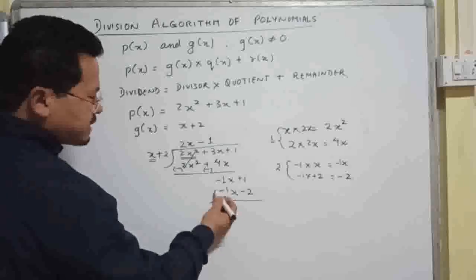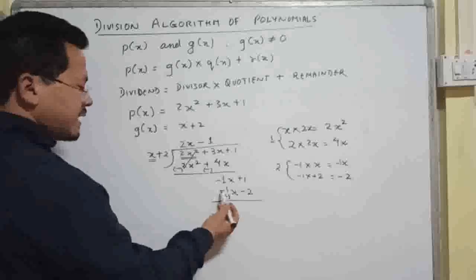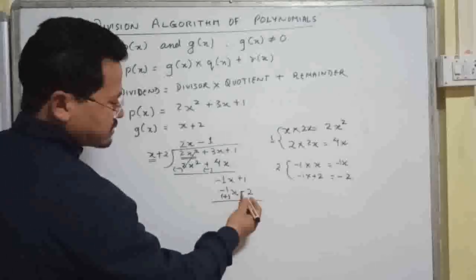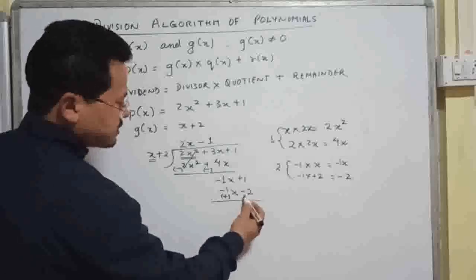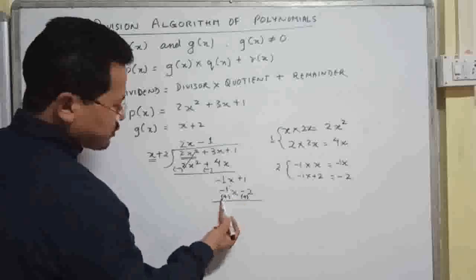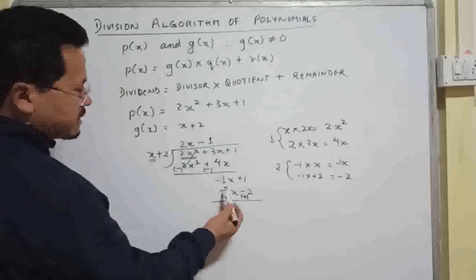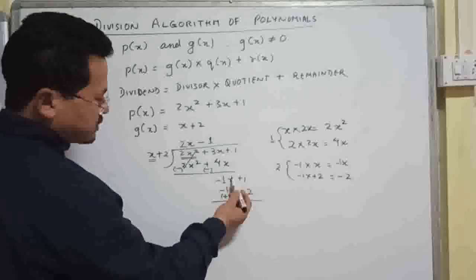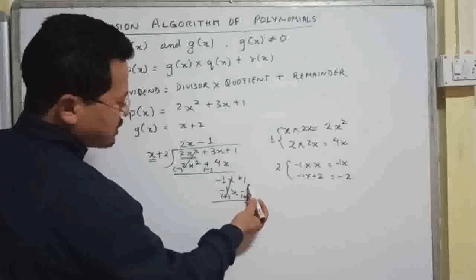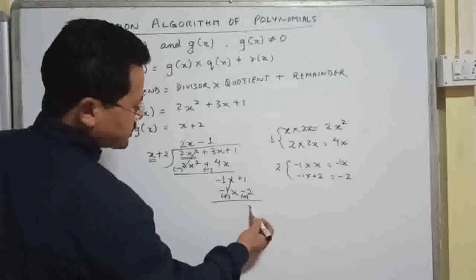When we subtract, minus times minus becomes plus, or simply we can write the opposite of whatever is here. So the opposite of minus is plus. So we get a minus 1x, we get a plus 1x. Whenever they have opposite signs, we subtract, and their coefficients are equal, so they become 0. But now here we have a plus 1. After subtracting we have plus 2. So 1 plus 2 becomes 3.